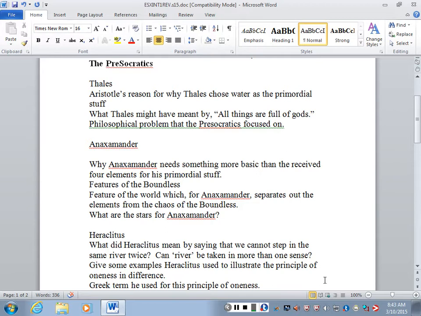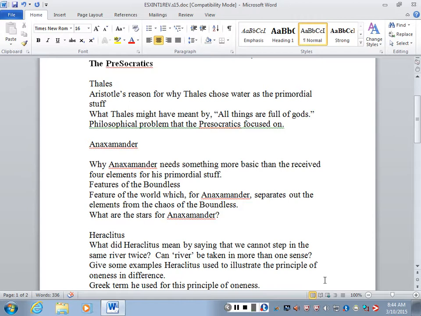Well, to move on, Anaximander then, there's quite a bit of space taken up in the PowerPoint on him. Why does he need something more basic than the received four elements for his primordial stuff? Well, one is his claim that if it were any of the other four, then that element would take over.